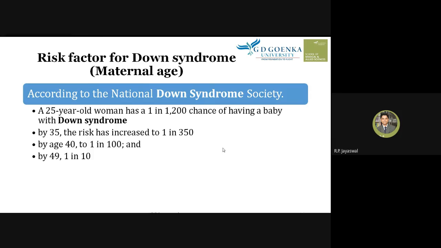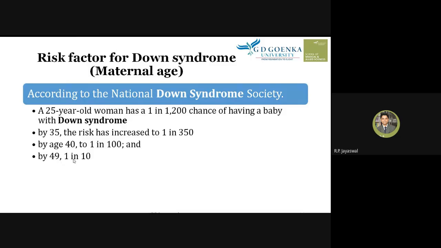But at the age of 35, when she wants to have a baby, the risk factor increases to 1 in 350. And by age 40, the risk factor increases to 1 in 100, and by 49, when the age becomes 49, the risk factor for getting Down syndrome in the baby is 1 in 10.